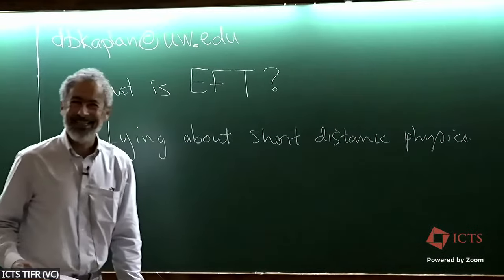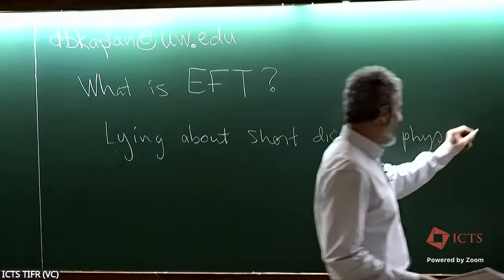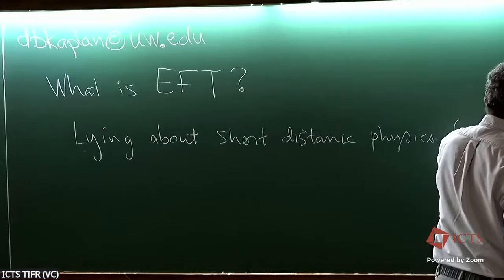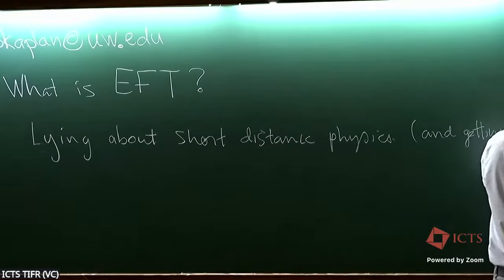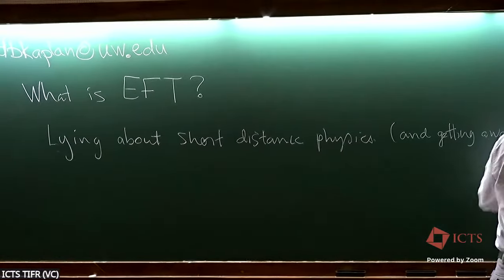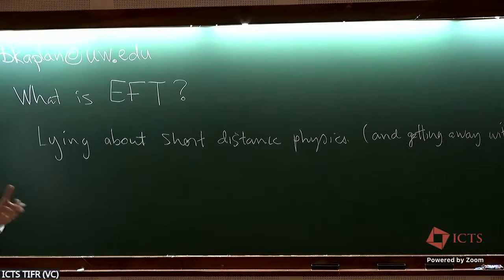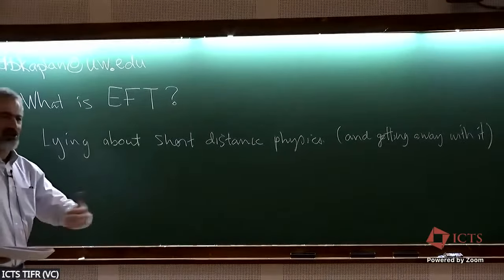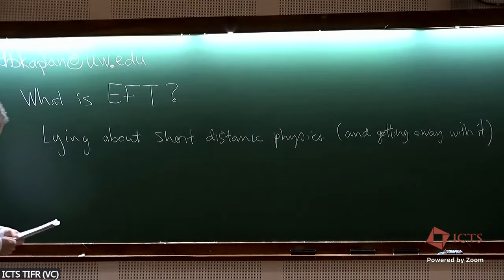Yeah, lying and getting away with it, in a way that, as Daniel says, is very well organized, so that you can have a hierarchy of lies that allow you to approximate reality at low energy.